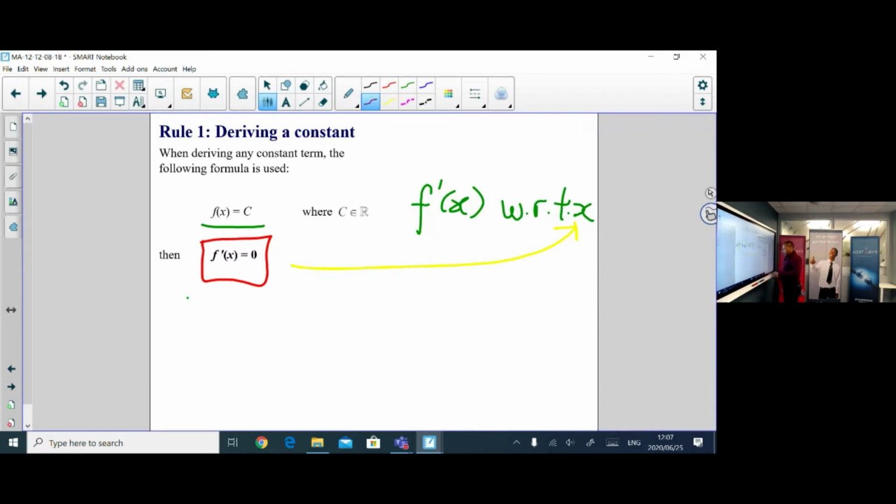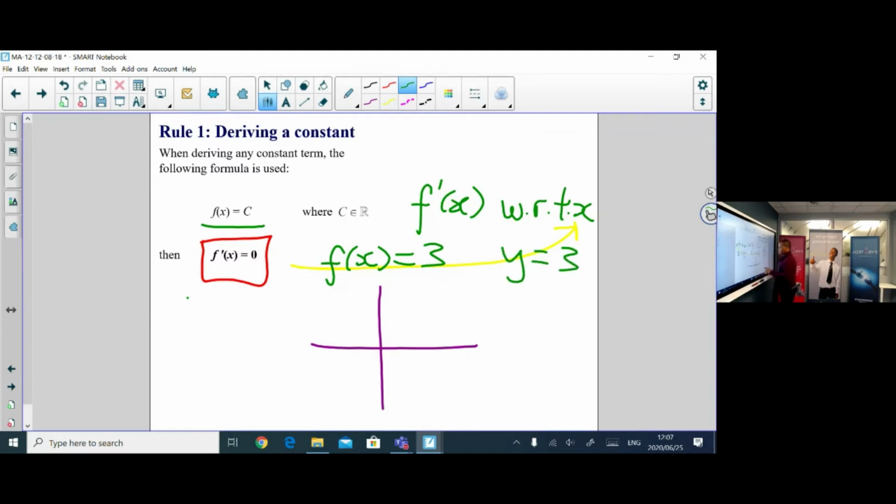If you visualize it in terms of a graph, f of x equals c can be something like f of x equals 3, for example. This means y equals 3, which is a horizontal line. Yesterday, if you remember, I showed you that if something is going up, the gradient is positive.